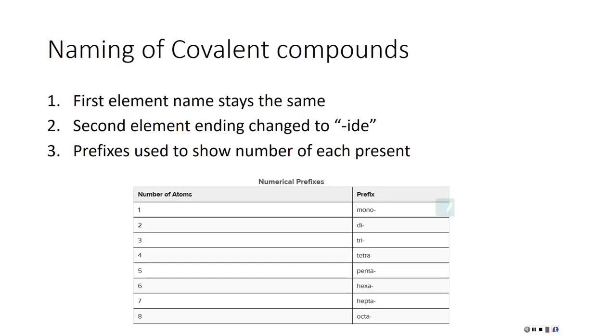Now, going the other direction is much, much easier than in ionic compounds because you don't have to worry about balancing charges. So if I were to write out dioxygen tetrachloride, you can probably very quickly go to the formula for that, because it's simply O2Cl4.